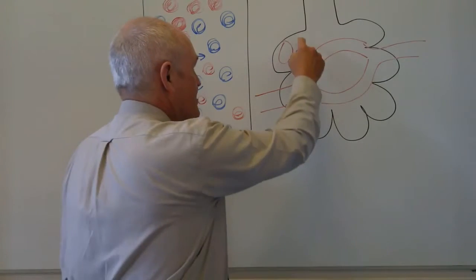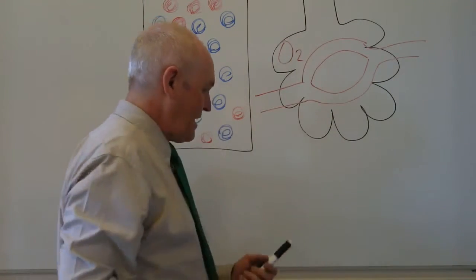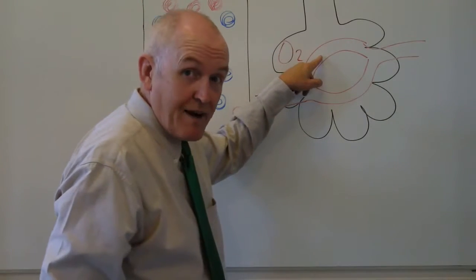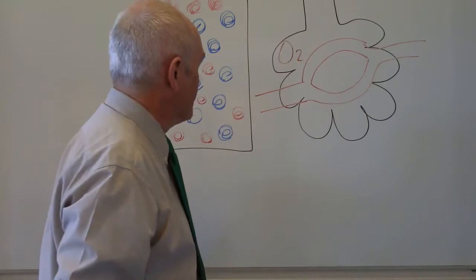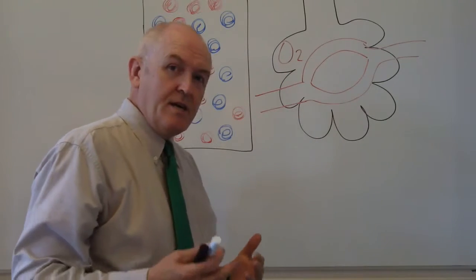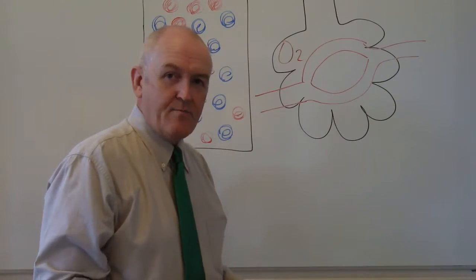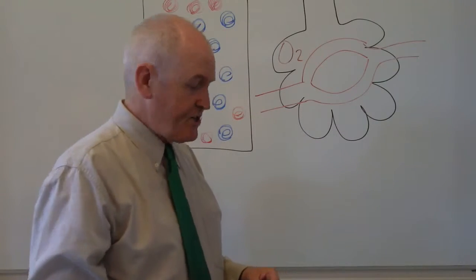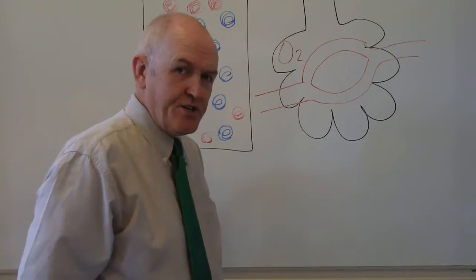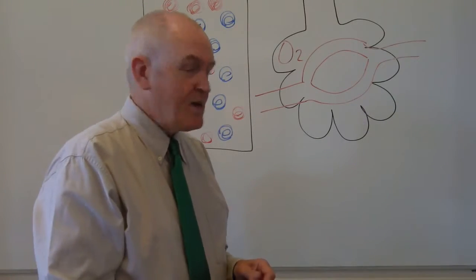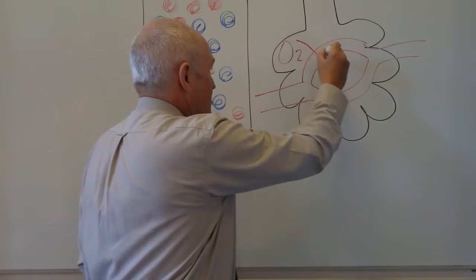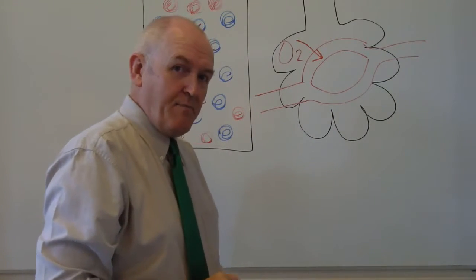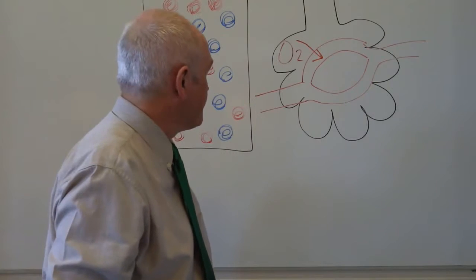So we have a situation where there's a relatively high amount of oxygen in the alveoli, but a relatively low amount of oxygen in the blood. So diffusion is going to take place from areas of high concentration to areas of low concentration until the concentration is equal throughout. So the oxygen will diffuse into the blood, passing through the pulmonary capillaries.